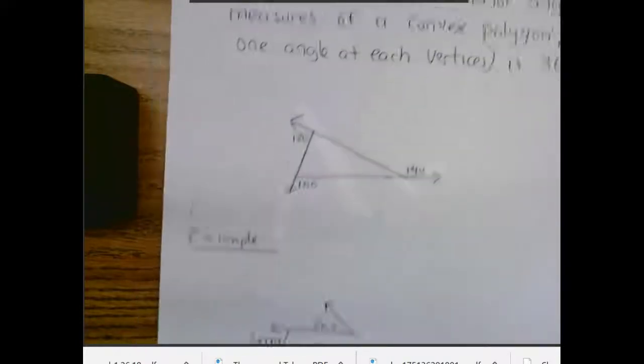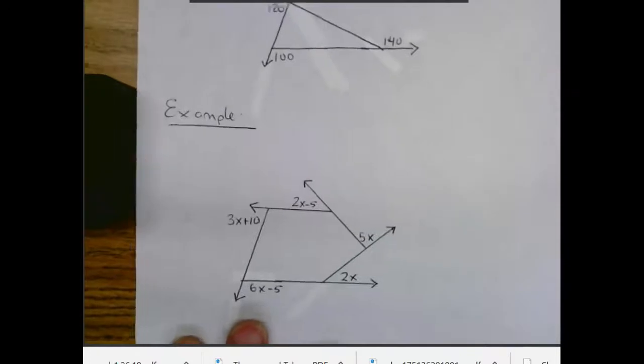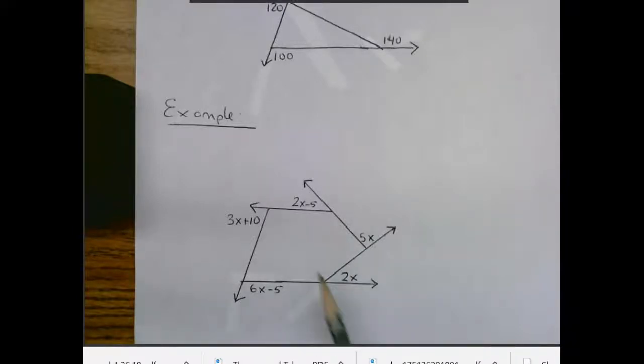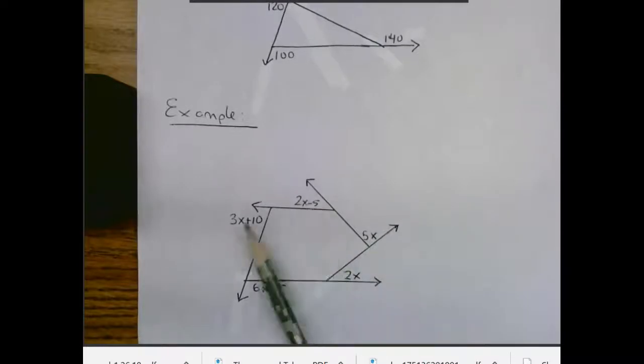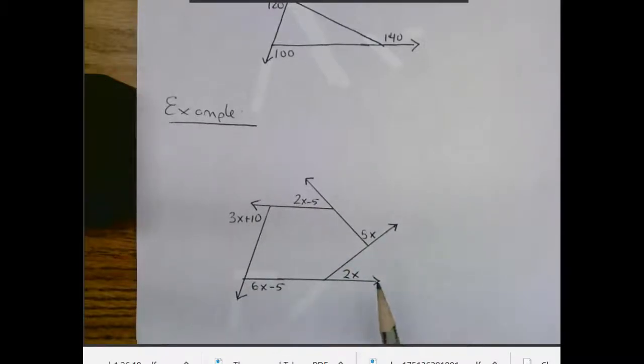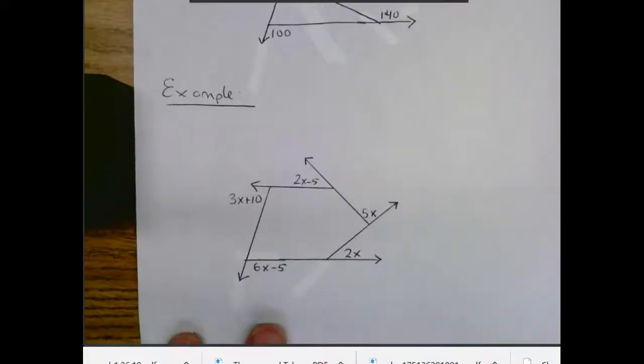So we can use this theorem to solve for unknowns when we have something with an x in it. So here we have this, how many sides? 1, 2, 3, 4, 5 sides. Okay, and then we're going to use the fact that these are all exterior angles, we can add them all together and make them equal to 360, and then we can figure out what each angle is equal to.